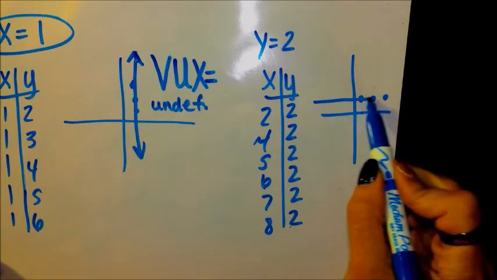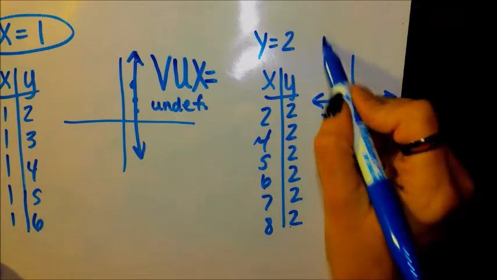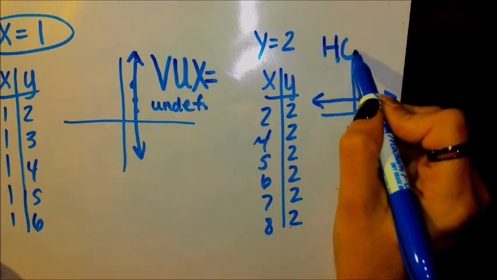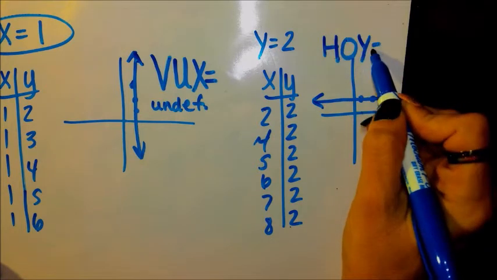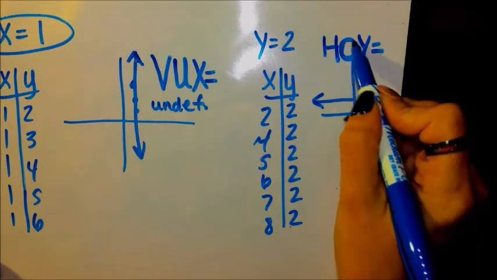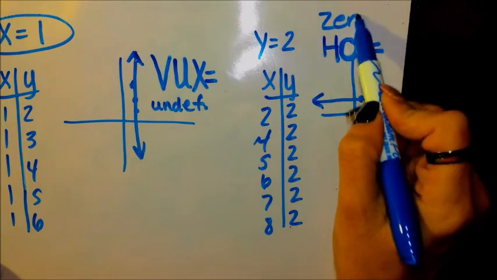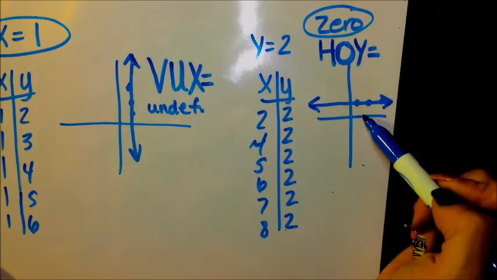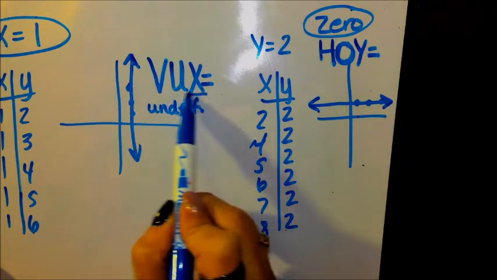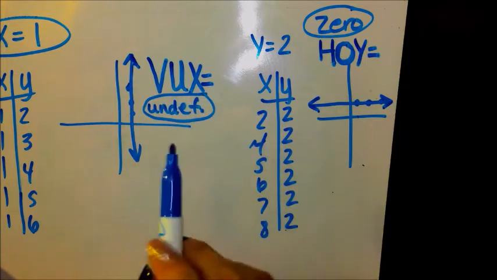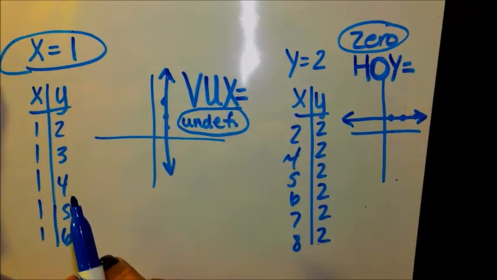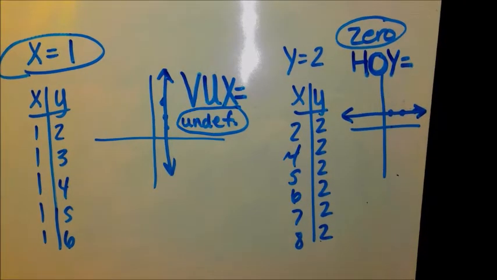So this creates a horizontal line. The word for horizontal is hoi. The O in the middle stands for 0. So this is a 0 slope. This is an undefined slope. You're going to have some multiple choice on here that you're going to have to remember that.